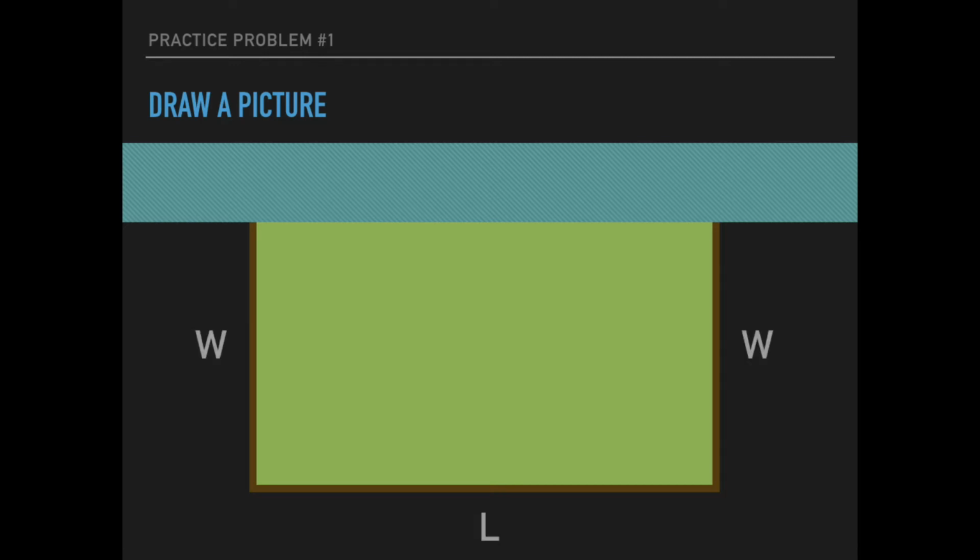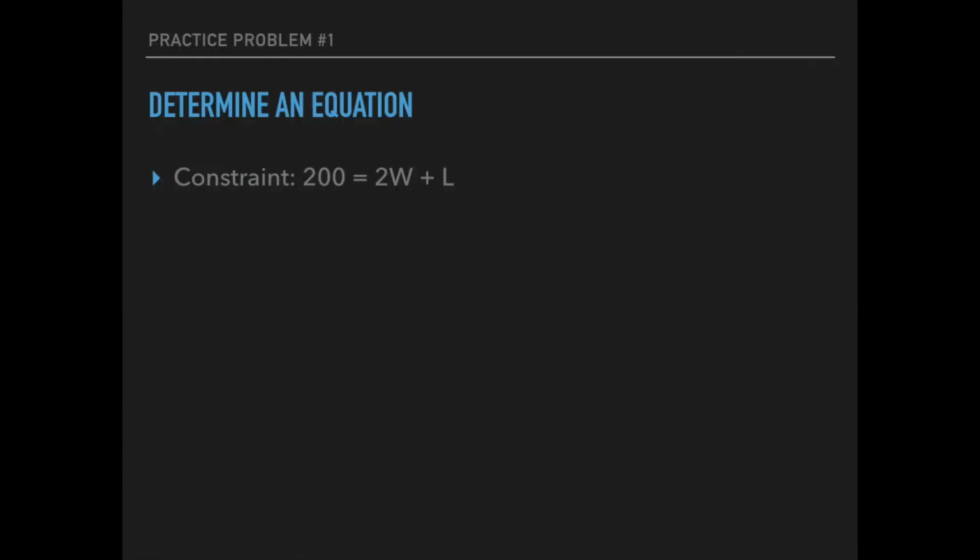Our third step is to determine an equation, or to be more precise, 2: the equation being optimized and the constraint. Looking back at our beautiful picture, we notice that the amount of fencing, 200 yards, is equal to 2 times the width plus the length. We also notice that the standard formula for a rectangle's area, length times width, still applies.